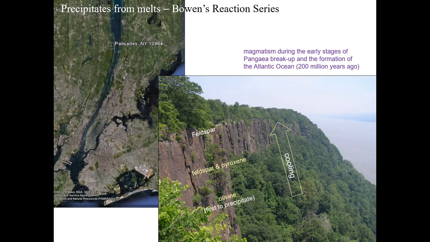If you go to the lower part of these Palisades, you'll find olivine, and you go up higher, you find feldspar, especially plagioclase feldspar, and pyroxene, and towards the upper part, you find more potassium feldspar. So you literally see Bowen's reaction series played out here. Okay, and we'll talk about the formation of the Hudson River Valley Palisades later in this class.